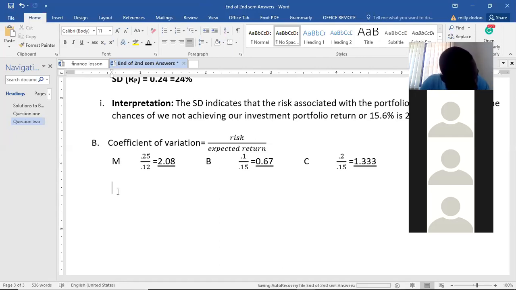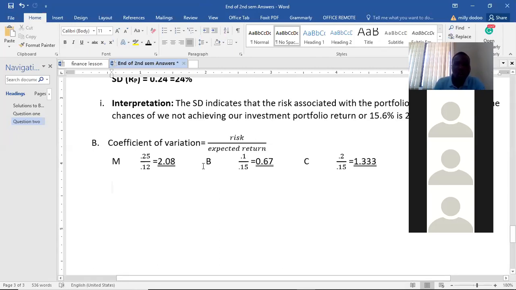The higher the return, the higher the coefficient of variation. The lower the risk, the lower the return, the lower the coefficient of variation. Now, you need to invest in the one that gives you the lowest coefficient of variation.